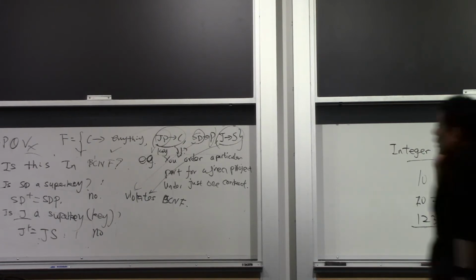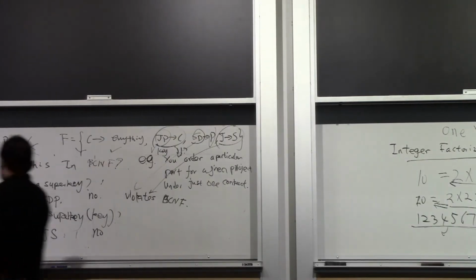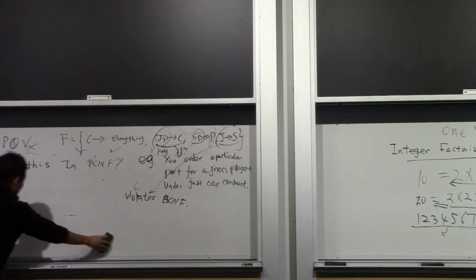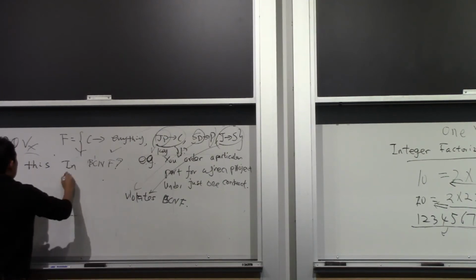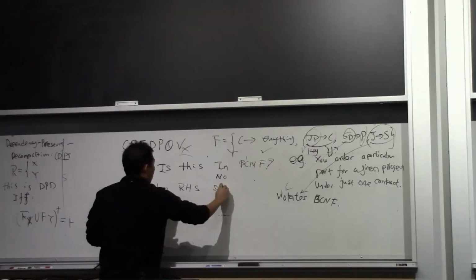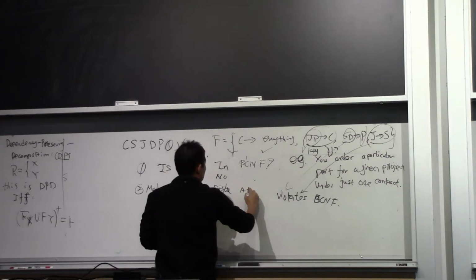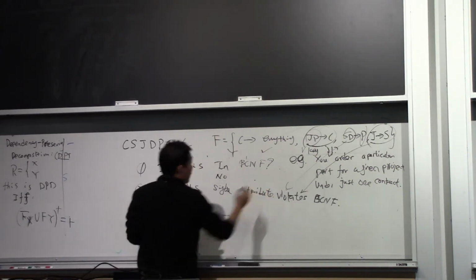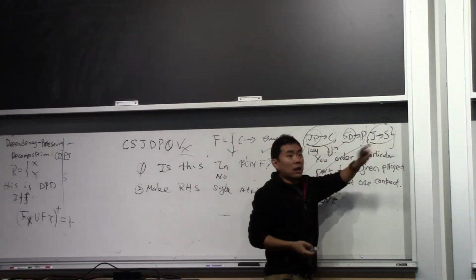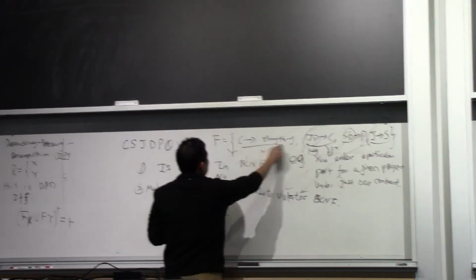All right, so let's take care of this. So step 1 is done, right? No. Step 2, make the right-hand side a single attribute. This is easy. In our case, everything on the right-hand side is already a single attribute except C determines everything.